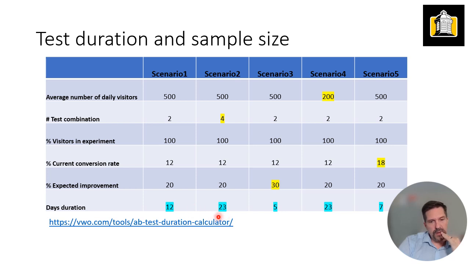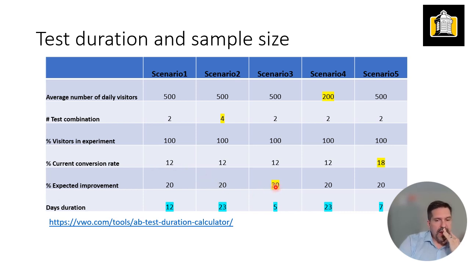Okay. Next scenario, what happens if we are willing to find only bigger effects? So we are saying, if there is a smaller effect than 30% improvement, I don't care. It needs to be at least this much. That will mean it needs to improve my conversion rate by at least 3.6%, because it's 30% of 12.